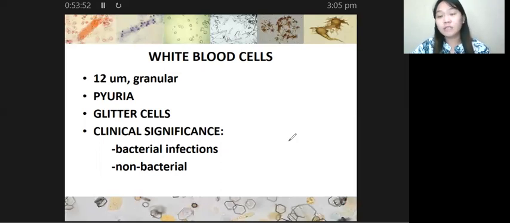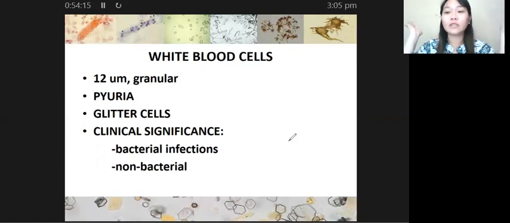So they can be characterized from your RBCs by adding acetic acid. We can make use of acetic acid in order to differentiate your red blood cells from your white blood cells. So remember that your red blood cells lyse in the presence of your acetic acid.